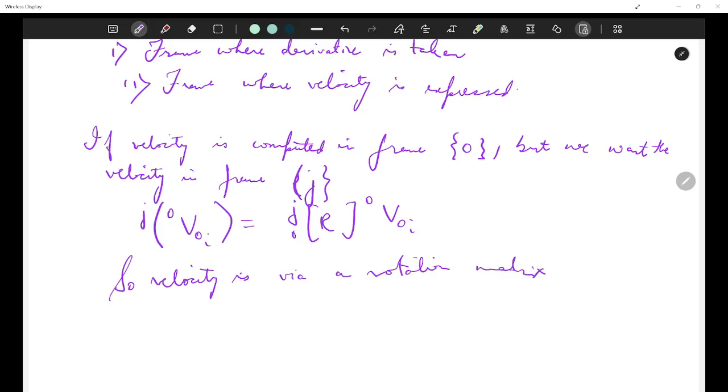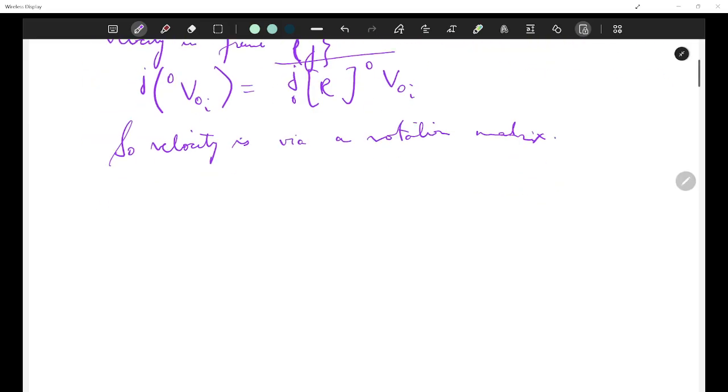The differentiation frame and the description frame are different concepts. The differentiation is done in the frame of origin, which is 0, and the resulting vector can be expressed in any frame. If we want to express it in frame j, then we have to multiply it with a rotation matrix, right?